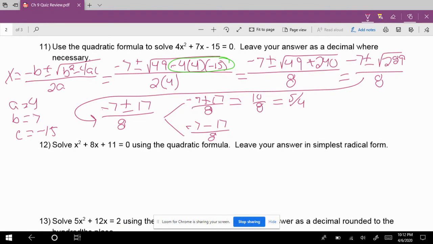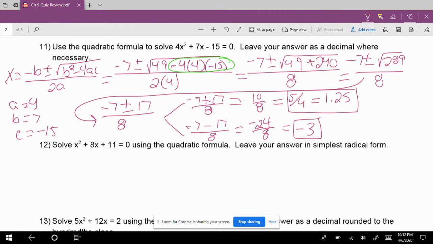And so you could put that into Canvas, or if you are going to put it as a decimal, that is 1.25. Either one of those is fine. And the denominator of this, negative 7 minus 17, is negative 24 over 8, which is negative 3. So no decimal needed there.